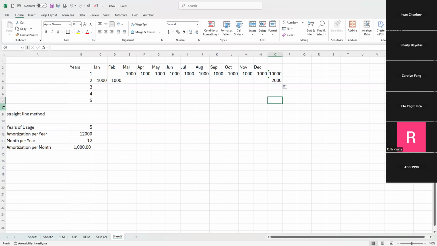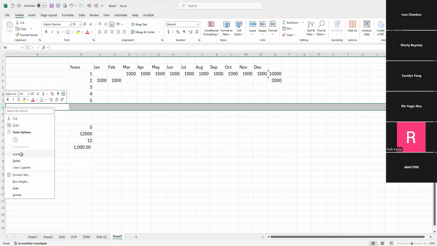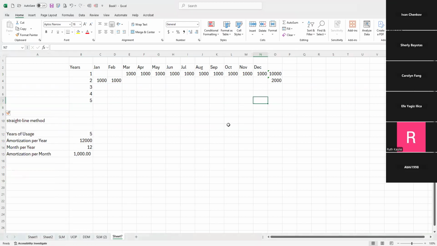So when is the amortization going to stop? Is it going to stop at the end of the 5th year? What do you think? No. It's going to stop in year 6, on February 28.